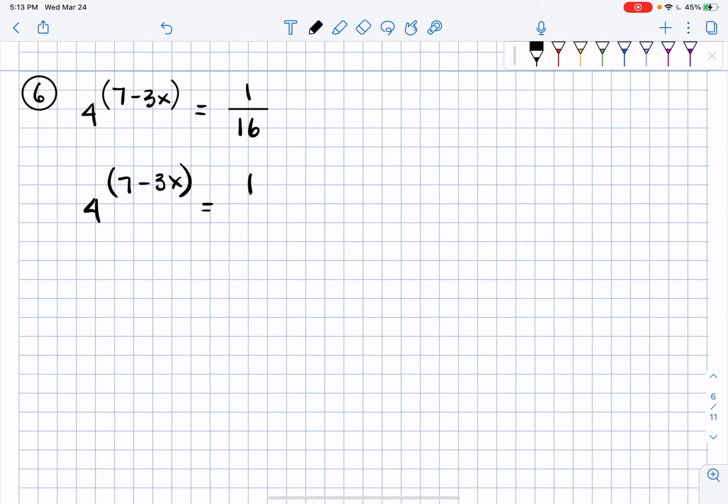Well, I can write 16 as a base of 4, so this is 4 squared. But I need it up top, not on the bottom. So if I was to write it up top, what would that be? Wouldn't that just be, actually, you know what? Let's do these.